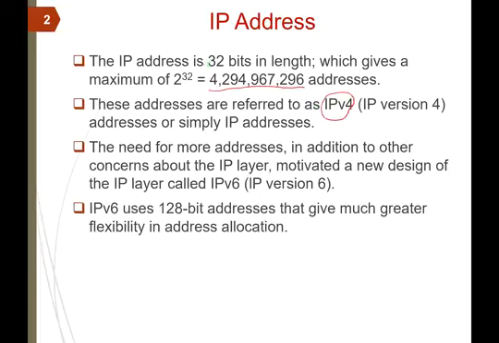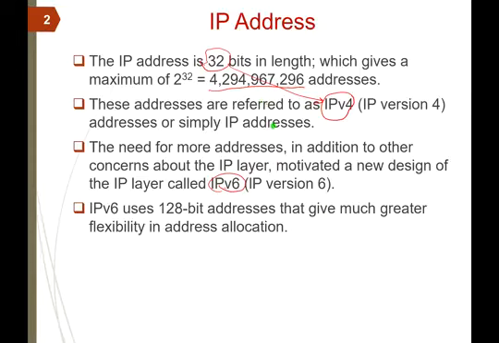So IP version 4 is a 32-bit address. Or simply, if we just say IP, it means IP version 4. There is another version, IP version 6. So if we say IP version 6, it means version 6. If we just say IP, it means IP version 4.